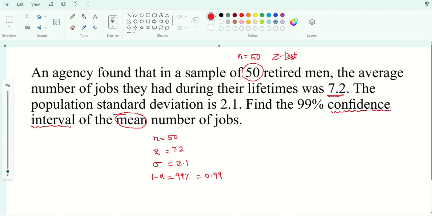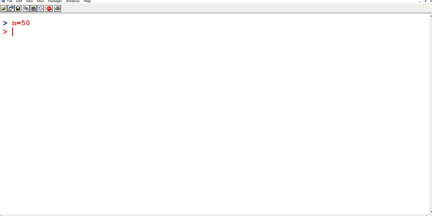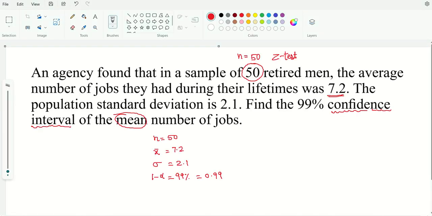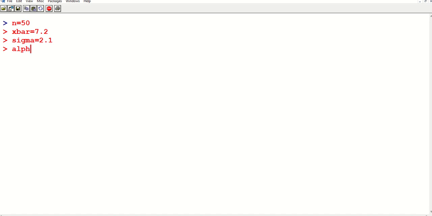The second value is x bar equal to 7.2. Then sigma is equal to 2.1, and then alpha is equal to 1 minus the confidence level 0.99. These four things we need to enter.